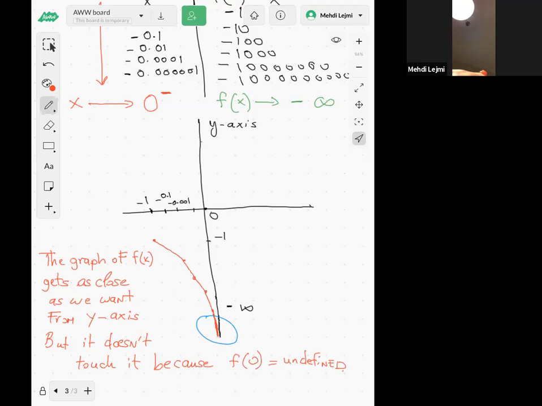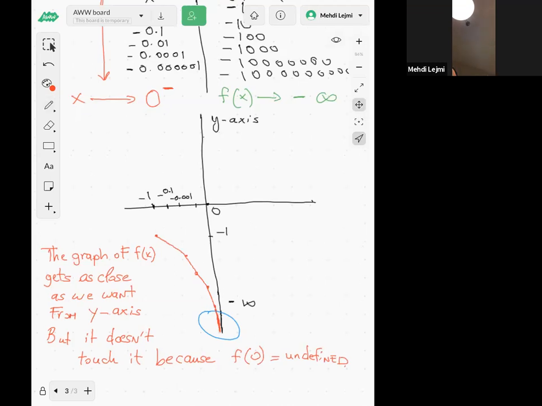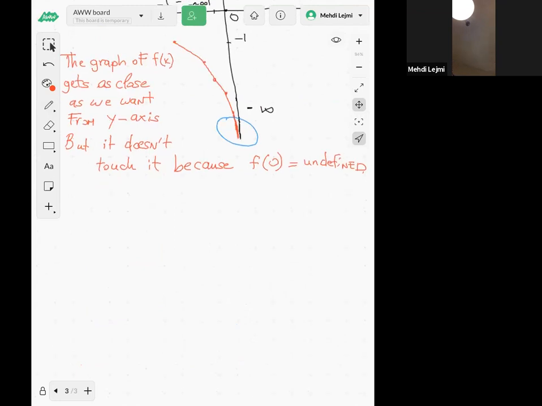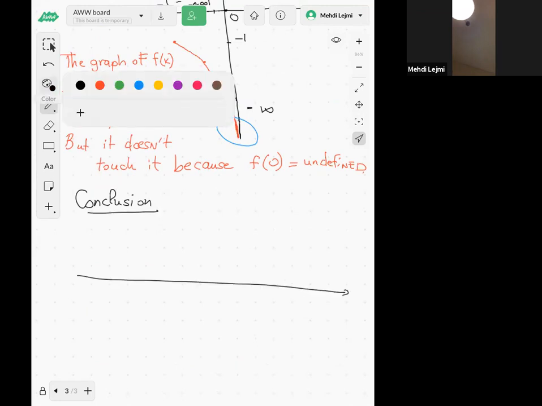And the conclusion is that we have this very special vertical line. You have this graph, and here is your y-axis.